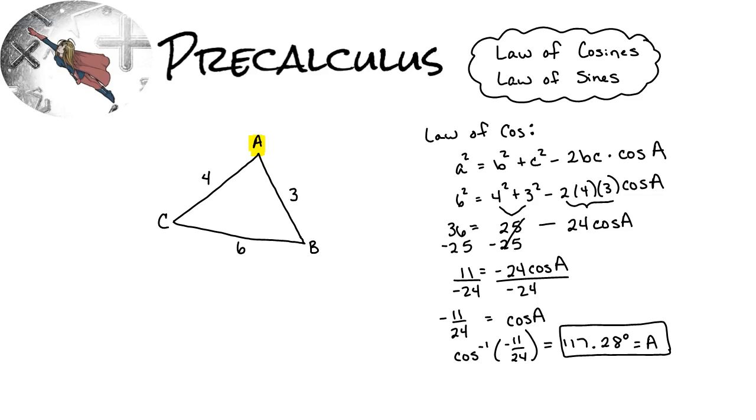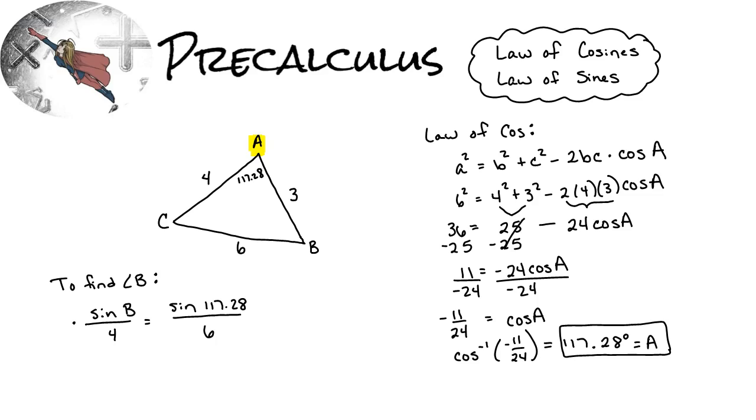So let's just say we're going to find angle B. All right, so I will set up the sine of B over 4 equals, and let's jot down A into our picture, 117.28. So that will equal the sine of 117.28 over 6. And we can solve this.